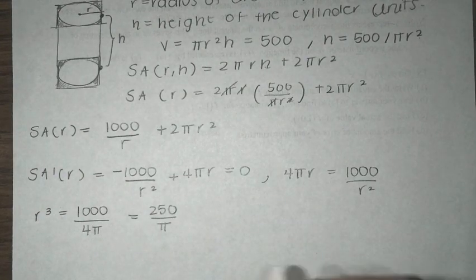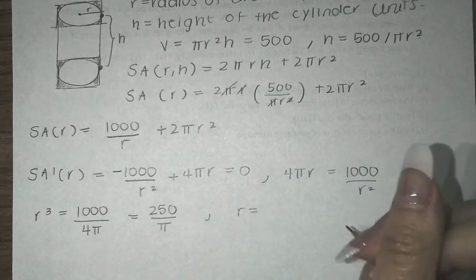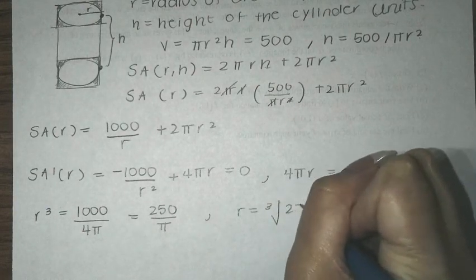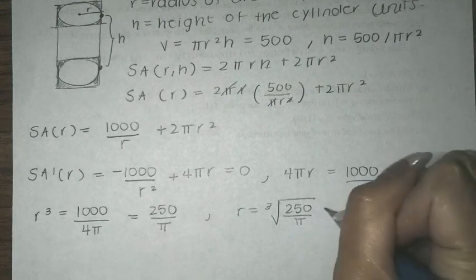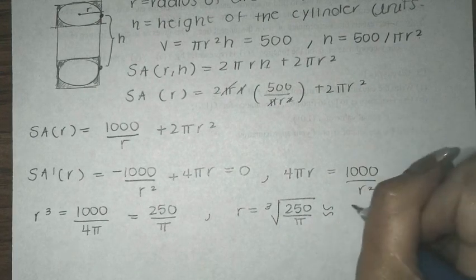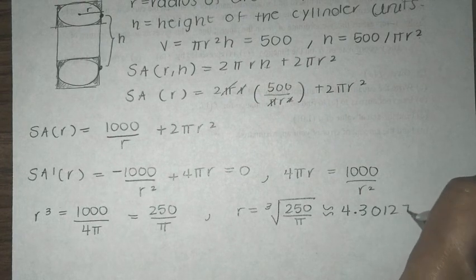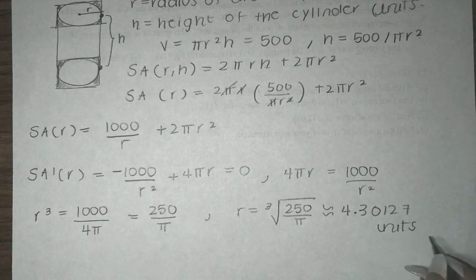Therefore, what do you have here? I cube root both sides like on the previous problem, and you have that r is going to be equal to the cube root of 250 divided by pi. Okay, if you want to plug this in the calculator, this will give you the beautiful number of 4.30127 units.